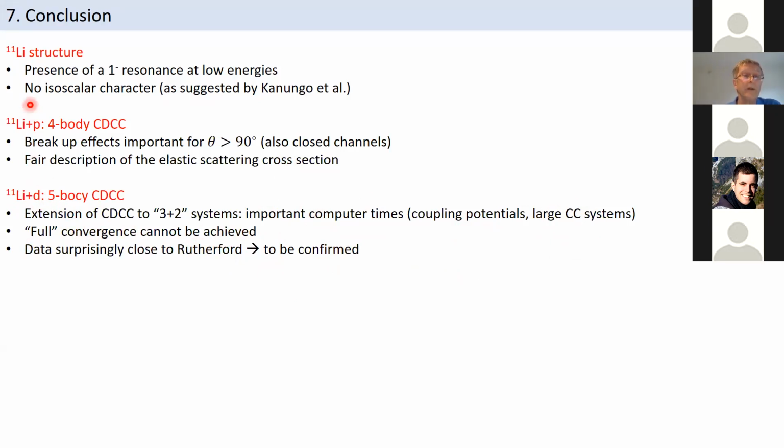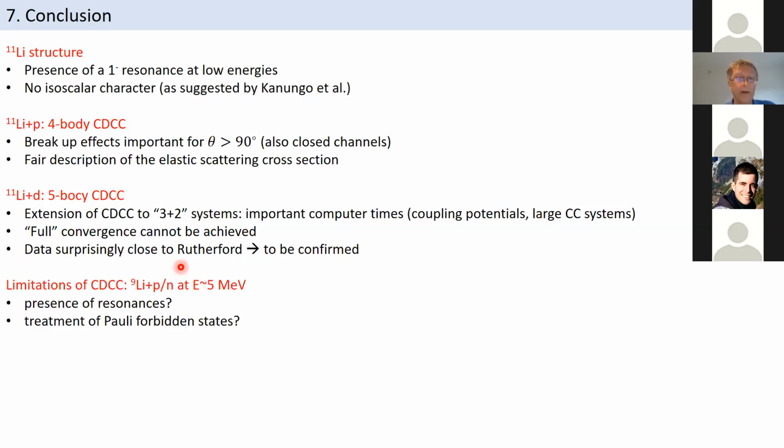By full, I mean the same type of convergence as lithium 11 plus proton. Anyway, the data are surprisingly close to Rutherford, and it would be nice to have this confirmed, and maybe at other energies to see if it remains true.